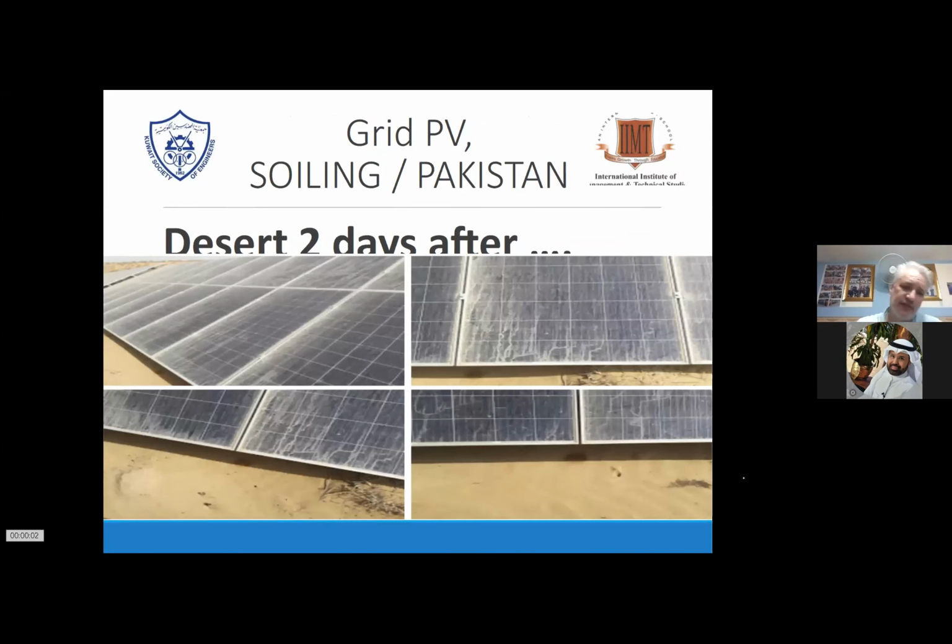That's the picture after 2 days installed in some areas, not all of course, but you can see the condensing water from the nighttime, and you can see that you use some cleaning intervals to keep the modules clean. Of course, it's also in specific periods of time.